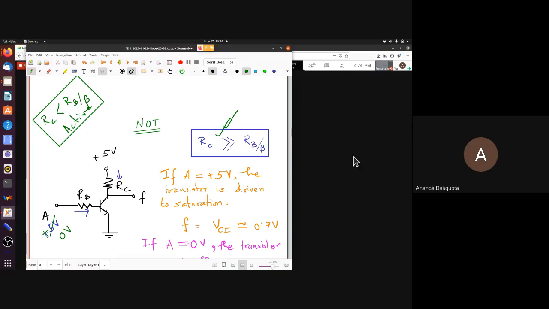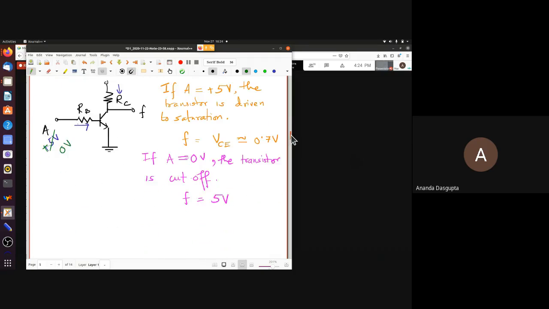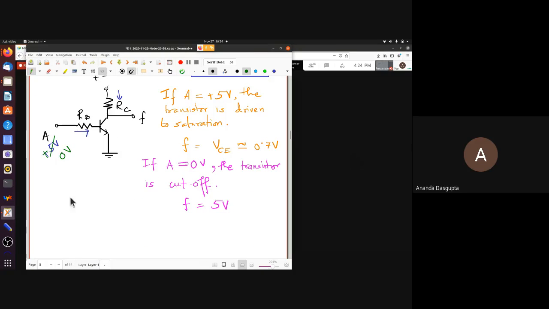So if A is 0 volts, the transistor will be cut off and the output will be 5 volts. So 5 volt input, 0.7 volts or less output; 0 volt input, 5 volt output. That's exactly what you need for a NOT gate.